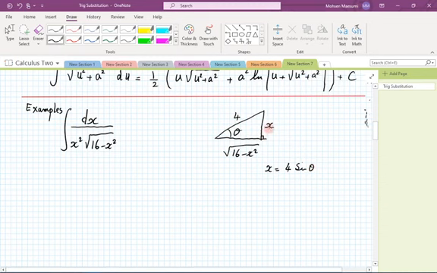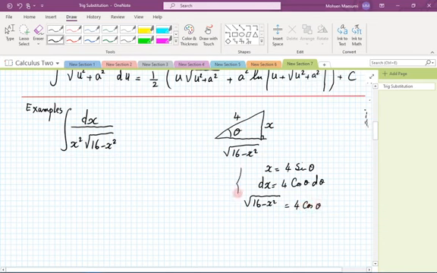There's a relationship between the opposite, hypotenuse, and the angle. The differential of this is going to be 4 cosine theta d theta. And for the expression, you can do it one of two ways. Either put the x here, that is 4 sine, square it and subtract and get 4 cosine, or come here in the picture and see that the adjacent side to this angle is going to be 4 cosine theta.